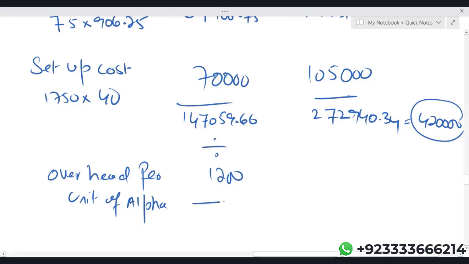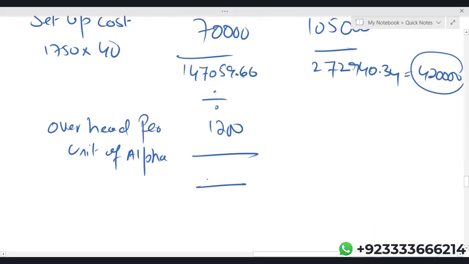But right now they're not asking this. So let's see. 1,47,059.66 divided by 1,200, I'm getting, students, 122.549.